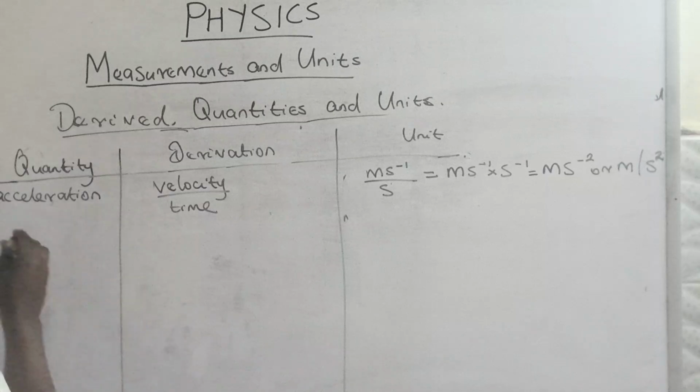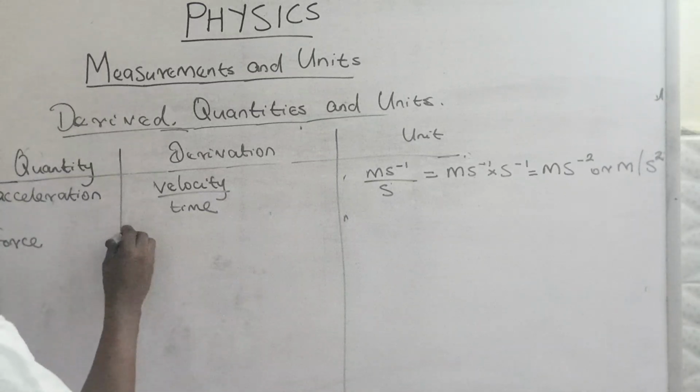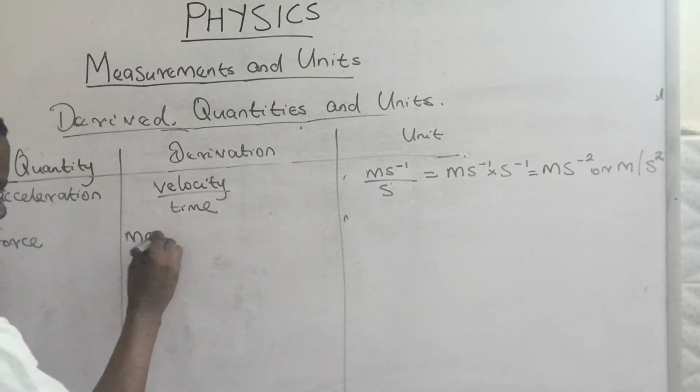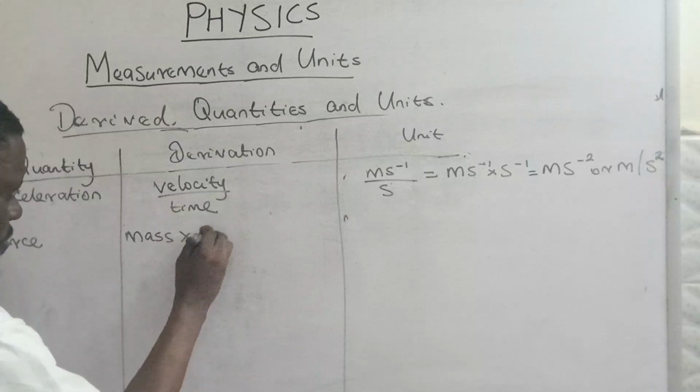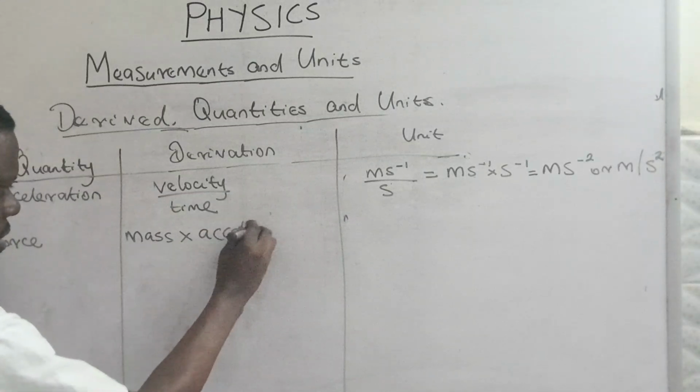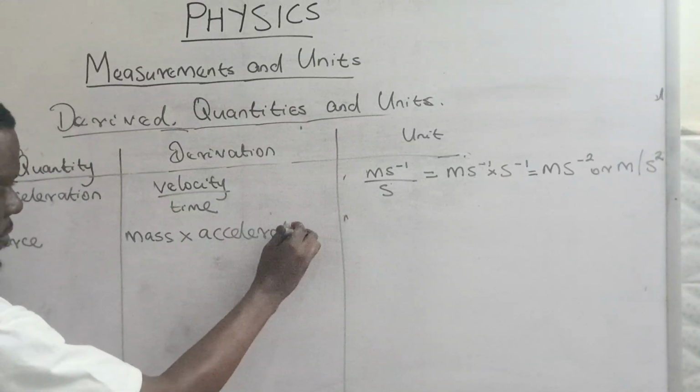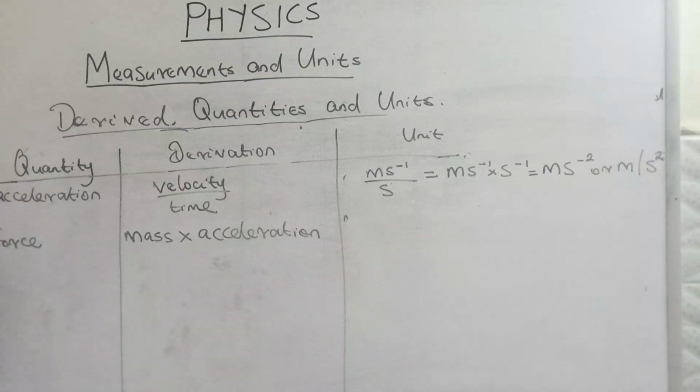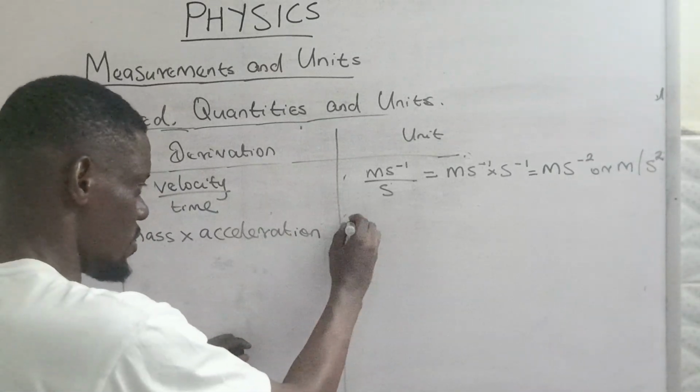Next is force. The force acting on the body is given by the product of mass and acceleration. So force is mass times acceleration. The unit of mass is kilogram.